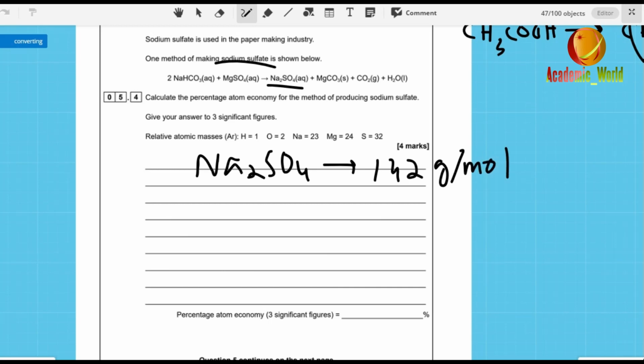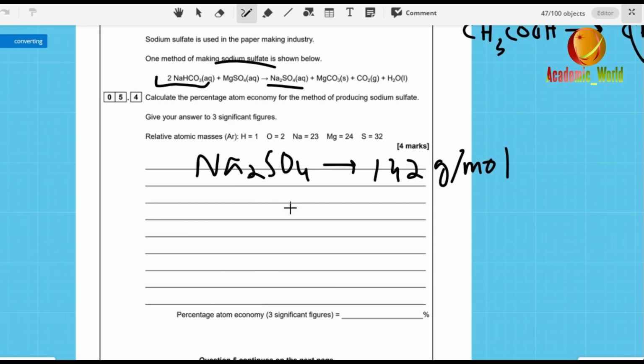And now the next one, you have to find the total reacting mass. So first of all NaHCO3 and MgSO4, you have to calculate it. The molecular formulas are given, and you can easily find out the molecular masses by using the relative atomic masses given of each atom.